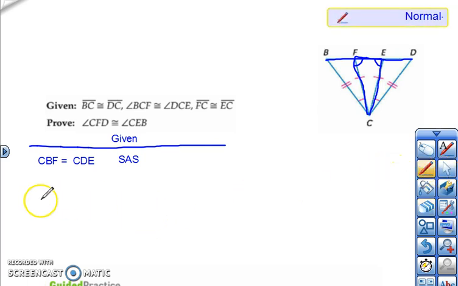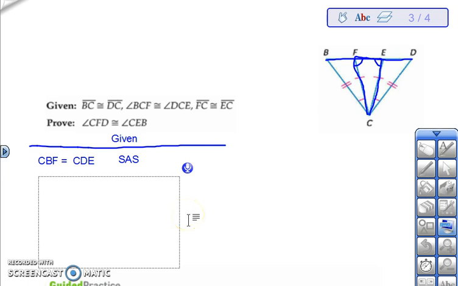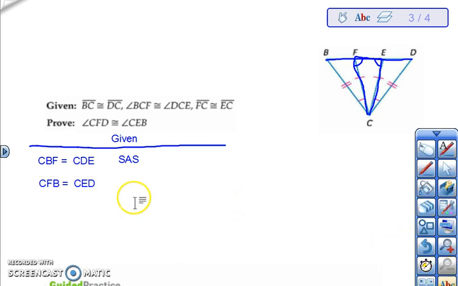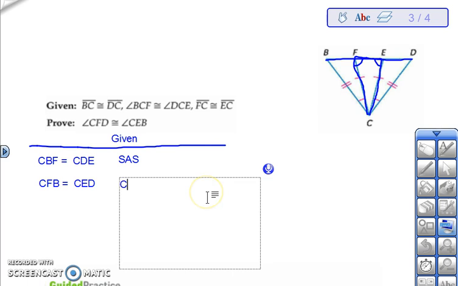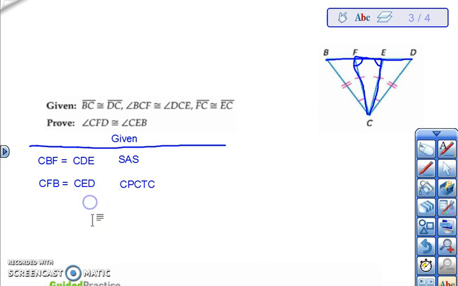So what we're going to say is that angle CFB is congruent to angle CED because corresponding parts of congruent triangles are congruent. Again, that's corresponding parts of congruent triangles are congruent.